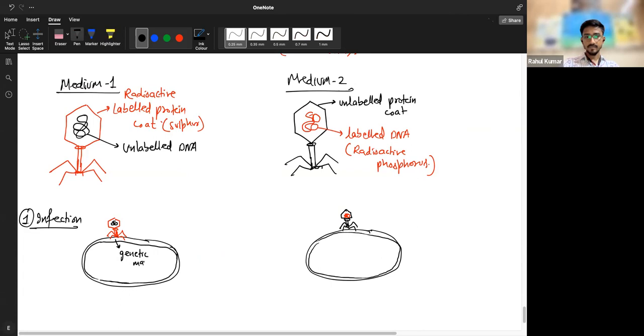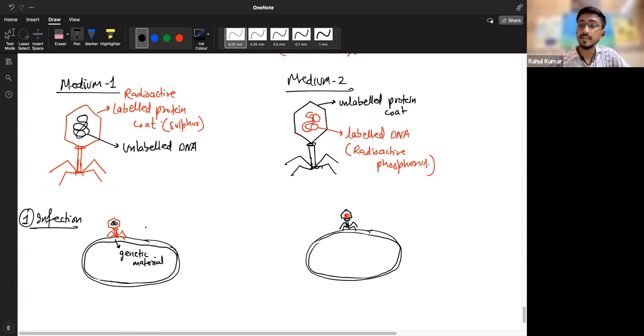How does it happen? It happens exactly like a drill. These viruses have certain proteins which physically make a hole. They drill through the bacterial cell wall and the cell membrane to inject their genetic material inside. Do you understand?